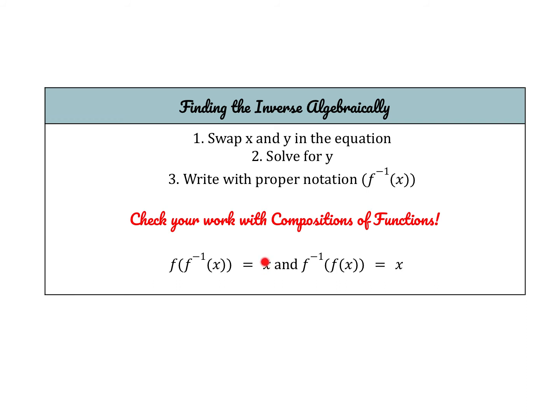If you did it correctly, you should end up with just x. That's one of the definitions of an inverse. Or you can do the opposite. You can do f inverse of f of x, meaning you're substituting the original function into its inverse, and you simplify to see what happens, and you should just get x. So that's how you can verify algebraically that the two things you came up with actually are inverses.